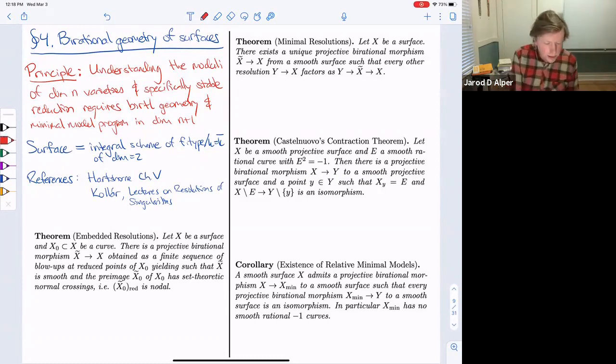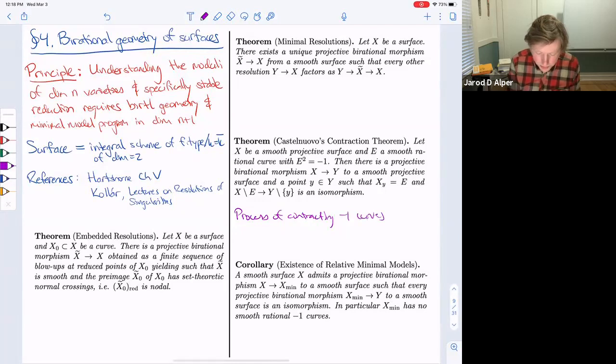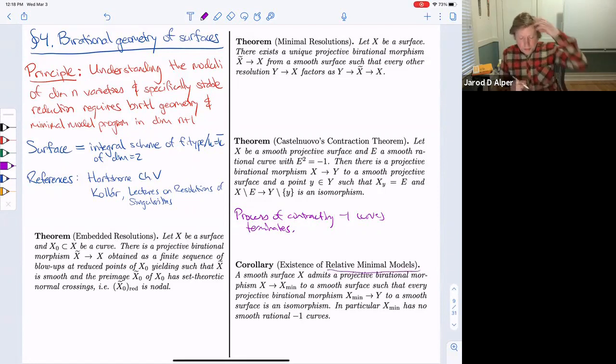And if you can show this, you can show that the process of contracting -1 curves terminates. And so what you arrive at, when you contract all the -1 curves, is what's called the relative minimal model. So given a smooth surface, contracting all of the -1 curves gives you the relative minimal model, which in particular has no other smooth rational -1 curves. So yeah, these are the results that we're going to be applying.